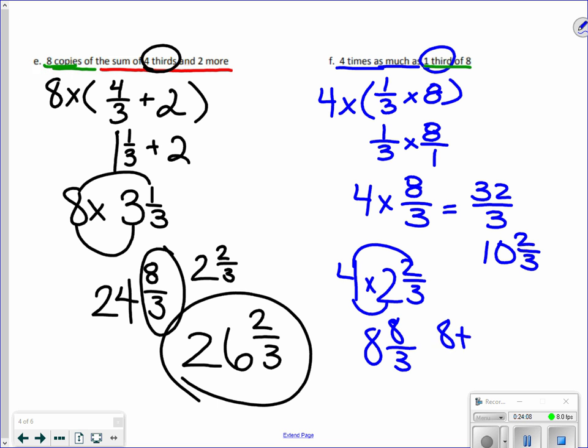And then it's 8 plus 2 2/3, which is 10 2/3. So I'm having to do more work because I went from improper to mixed in the middle of the problem, where it was easier just leaving it alone and doing standard algorithm, waiting until you get to the end. Because sometimes it'll fix itself before you get down to the very end. Sometimes it'll just solve itself.